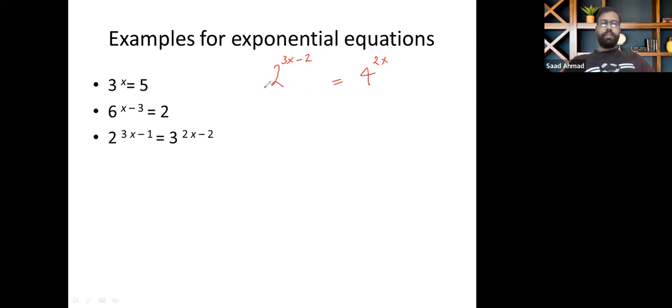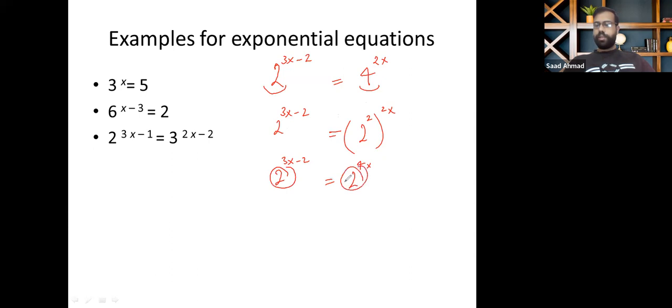First of all, can we write both the numbers with the same base? Yes, we can. So we will write it as 2 to the power 3x minus 2, and this thing we can write as 2 to the power 2 into 2x, because 4 can be written as 2 to the power 2. Then it will be 2 to the power 4x. Now we see that this 2 is the same as this 2, and we are saying they are equal.